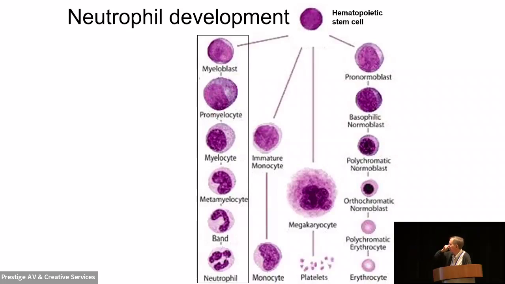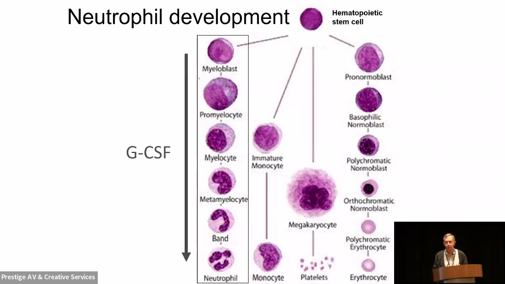And I teach medical students that you can recognize them because the metamyelocyte is a kielbasa and a band is a frankfurter. And GCSF, which you're all familiar with, drives that production down to the neutrophil.